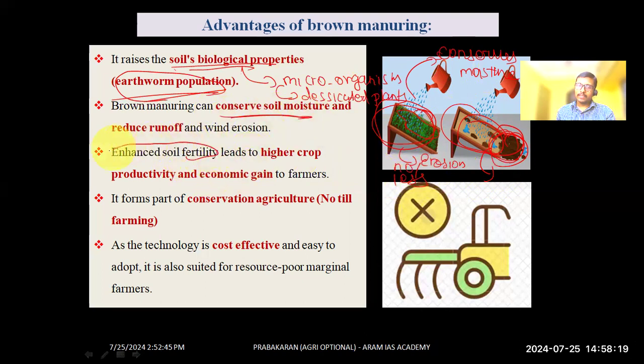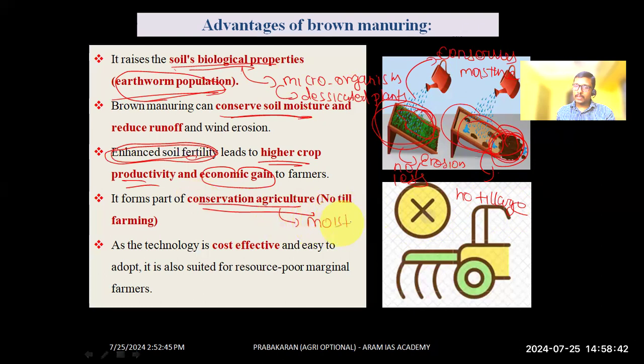Since the soil was enriched with nitrogen content, it leads to an increase in productivity and profit to the farmers. As I have already told, no tillage was practiced here, because of which it comes under conservation agriculture.